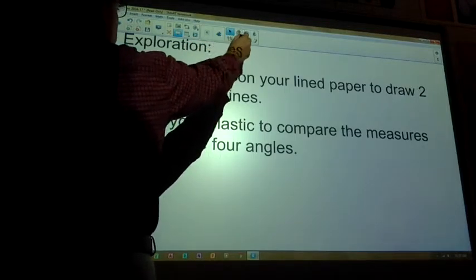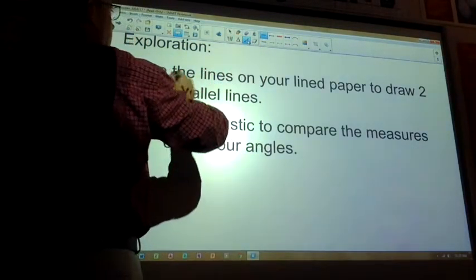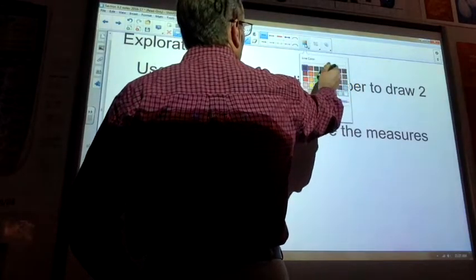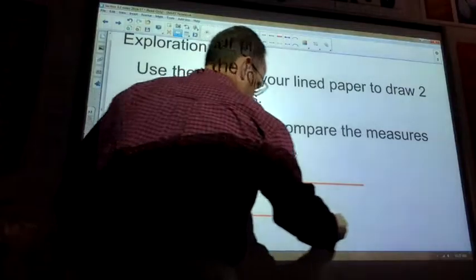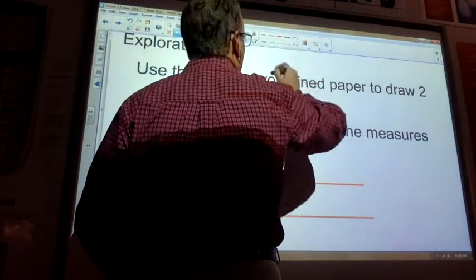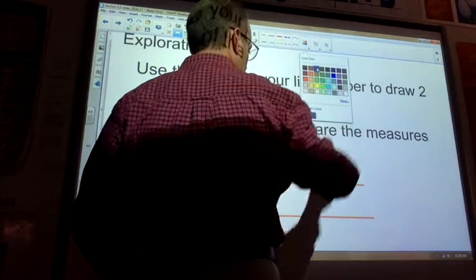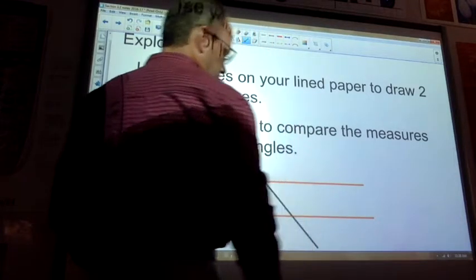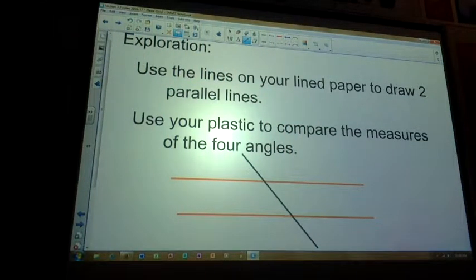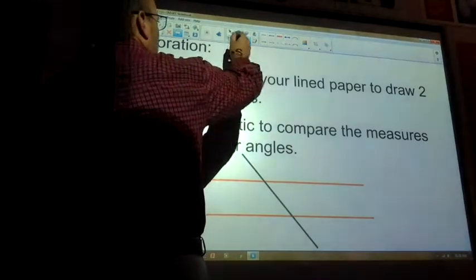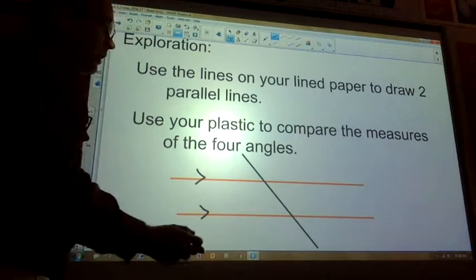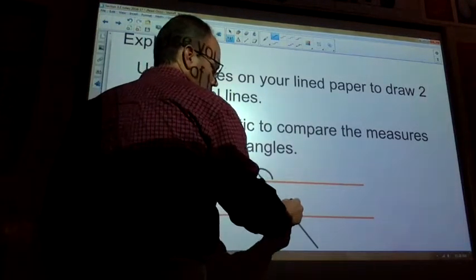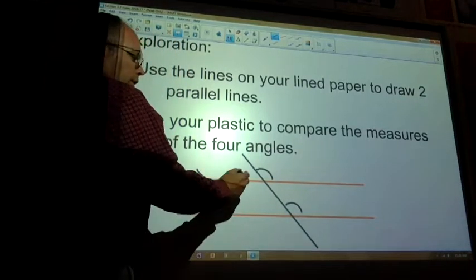So what they're trying to lead you to in this is this type of thing. Two orange lines and a transversal. If we knew that these two lines were parallel to each other, that means that the corresponding angles are equal to each other.